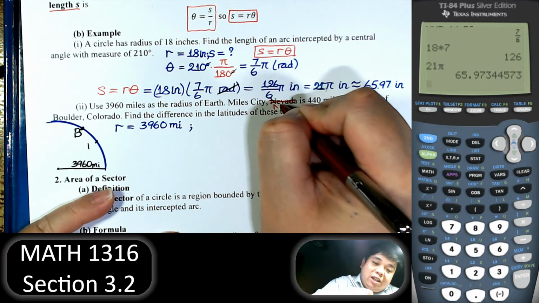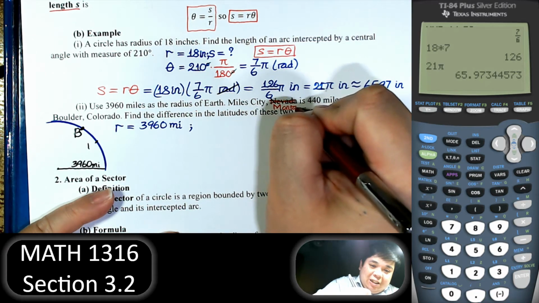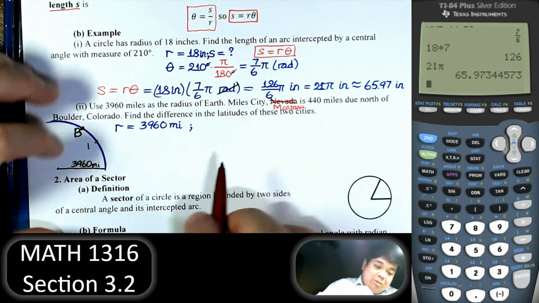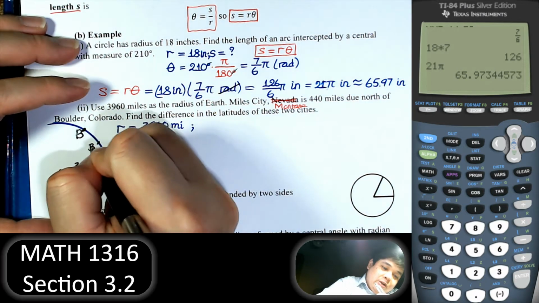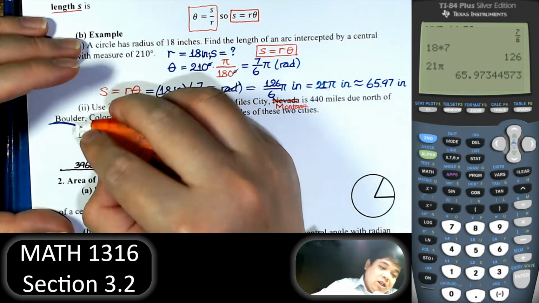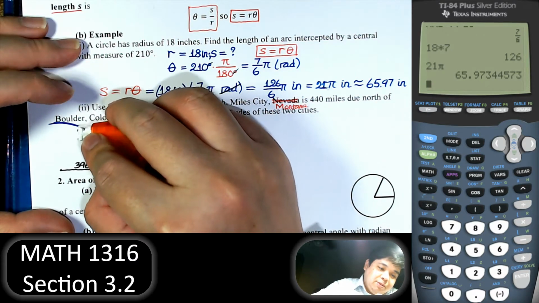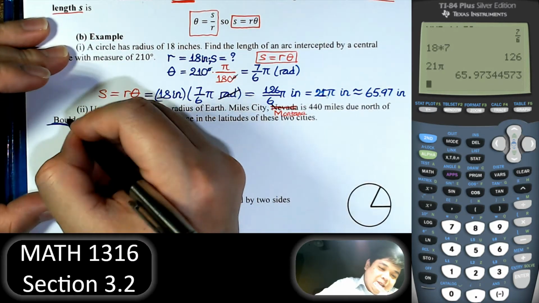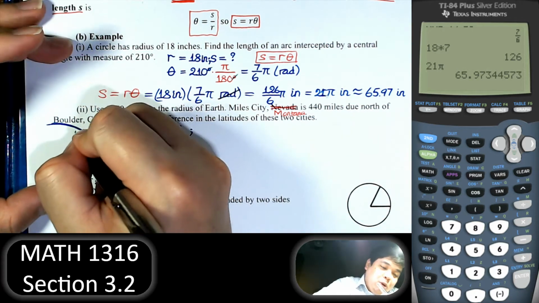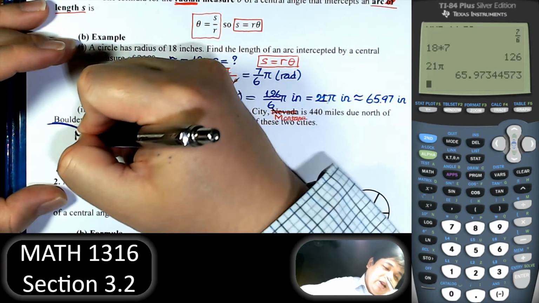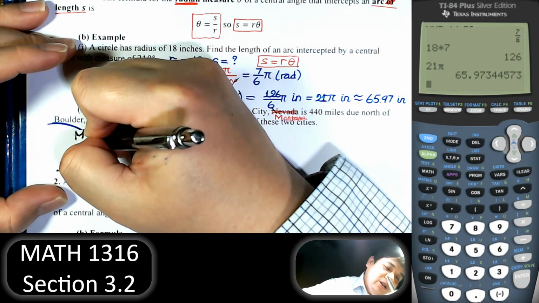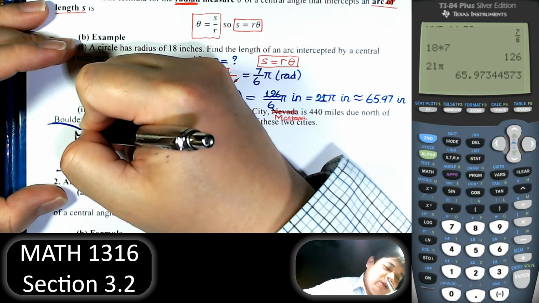It is Montana. So of course, it is due north of Colorado. So Boulder is on the south and Miles City is on the north. I'll change that when I post the notes online. The distance between them, though, is 440 miles.